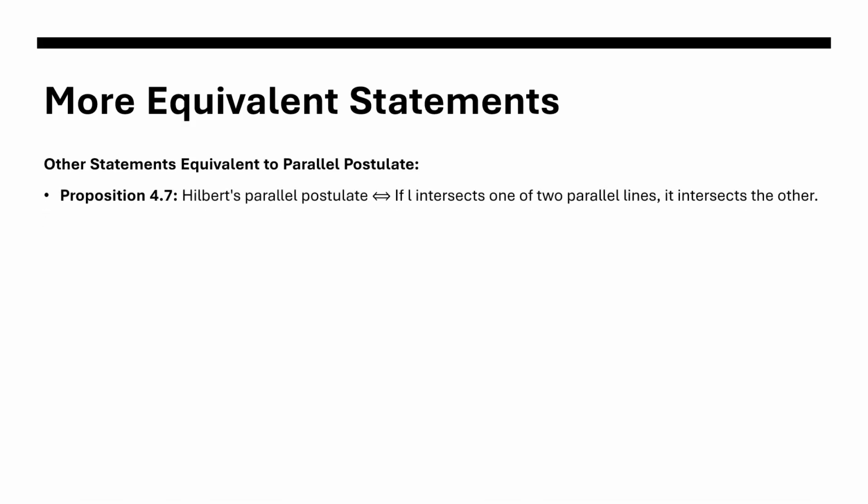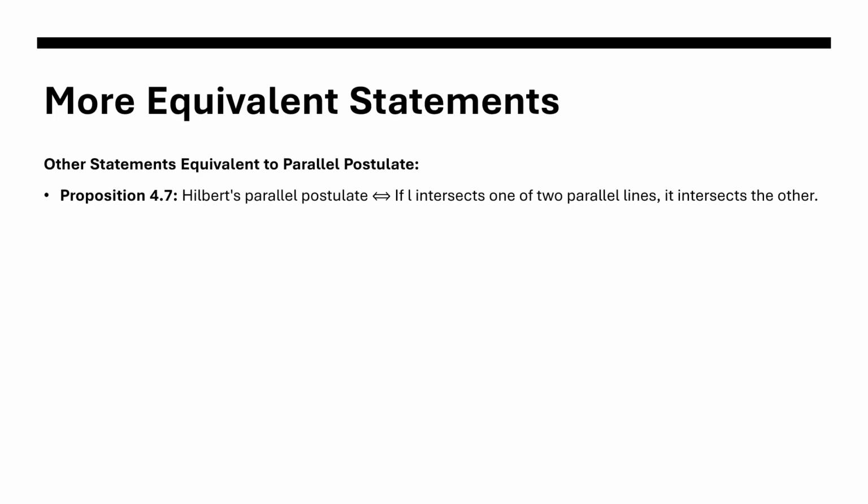Okay, so more equivalent statements. So we have here other statements equivalent to the parallel postulate. So we have proposition 4.7: Hilbert's parallel postulate is equivalent to the statement that if L intersects one of two parallel lines, it intersects the other. Okay, so this is technically transitivity of intersection.